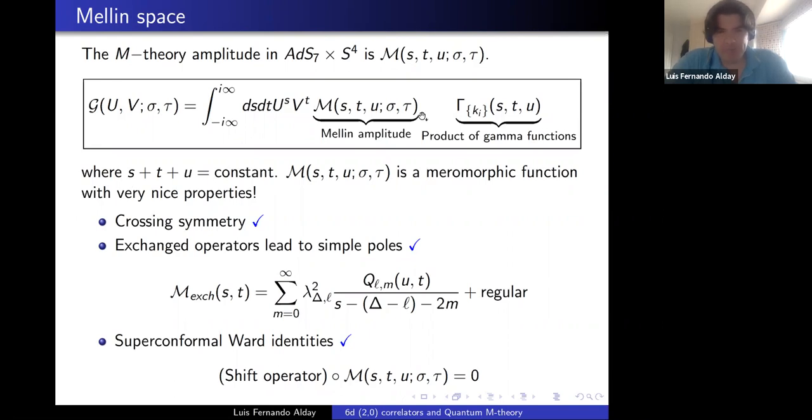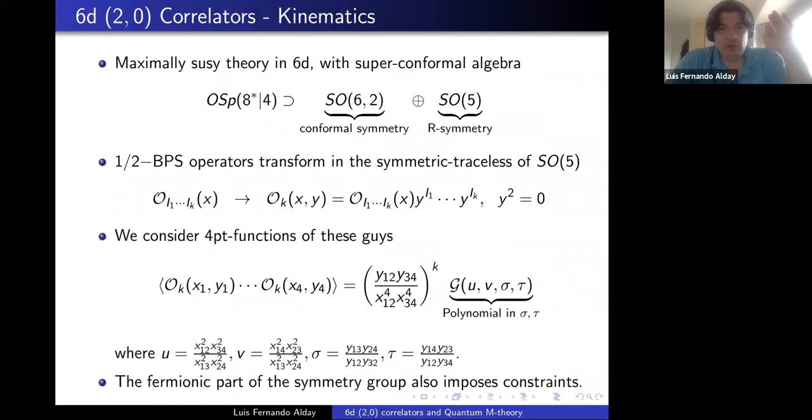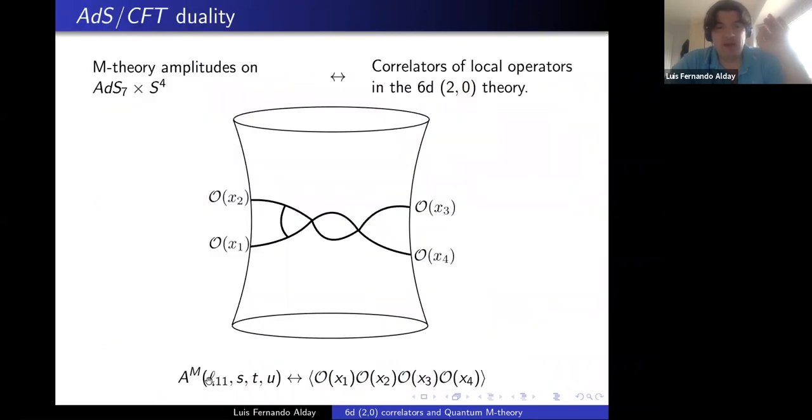I would like to add, recall that at the beginning of the talk, I told you that we should interpret the scattering amplitude on AdS7 cross S4 as a correlator of local operators in the boundary. But an apparent problem with this is that the amplitude depends on 3 Mandelstam variables, s, t and u, while the correlator depends on 2 cross ratios, U and V. So the relation is not clear.